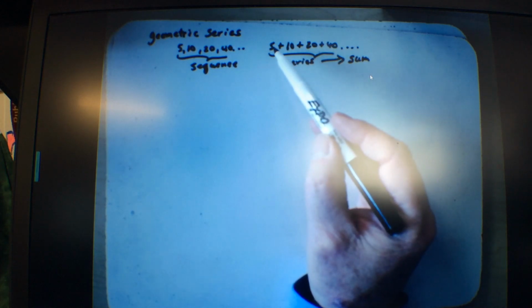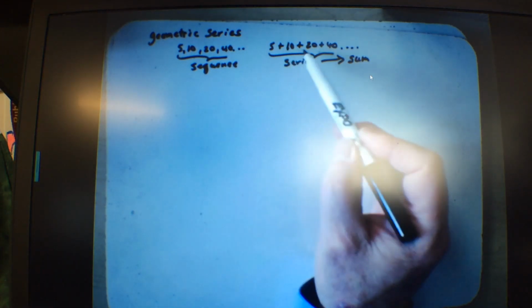And a series provides a sum. A sum is the addition of those as we go. That's the difference between a series and a sequence. In a sequence, we just have the numbers, right? In a series, we add them up as we go. So on a series we also have terms, but we also have a sum, a running total.